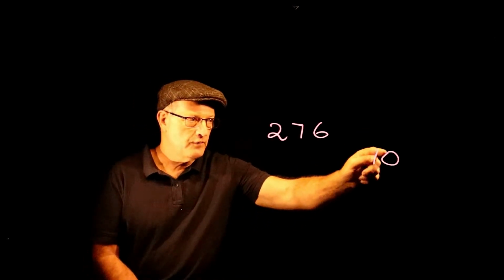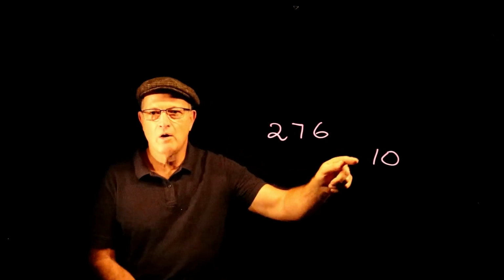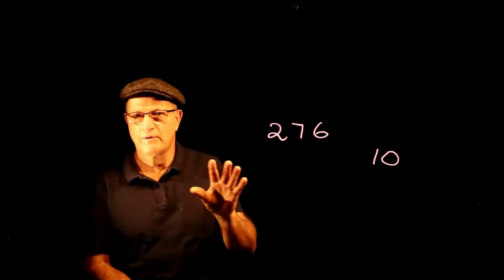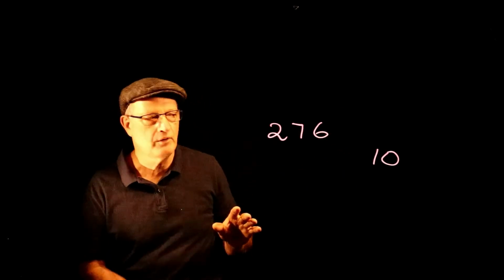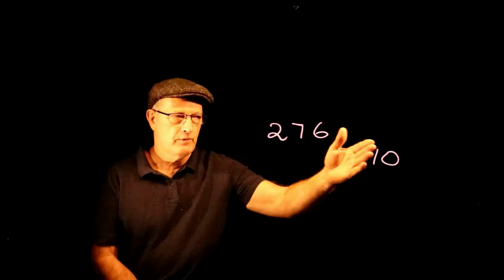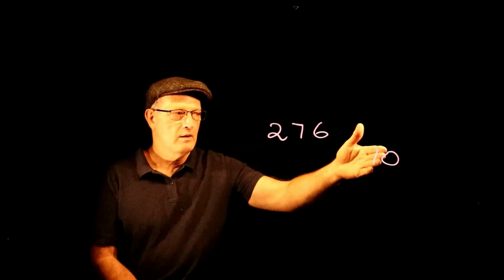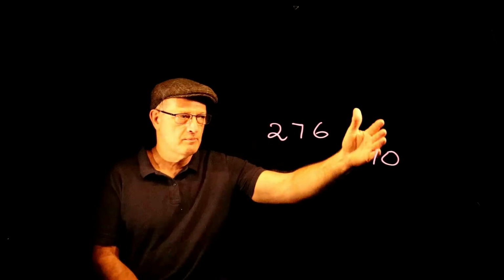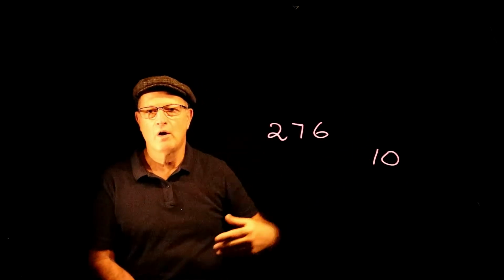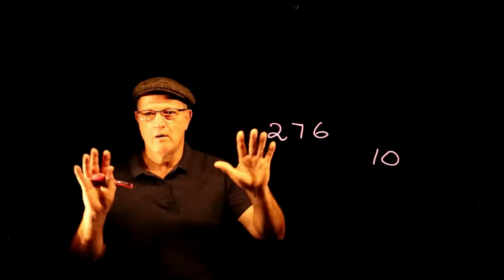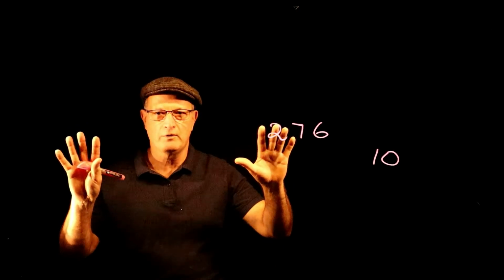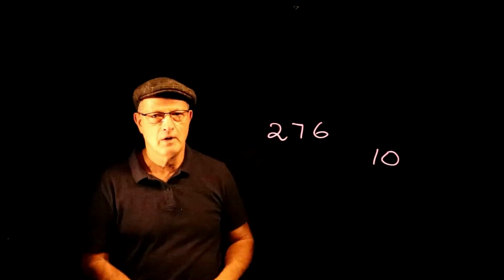Okay. If there's a 0 there, you know that it's going to be an even number, unless it's 0 on its own, because you can't share 0. But any number with something in front of the 0, if it's got a 0 in the ones column, you know you can share it equally. There's 10. I can share that into 2 5s easily. It's an even number.